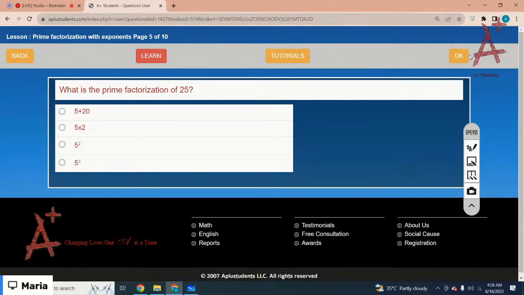What is the prime factorization of 25? Which is the correct option?